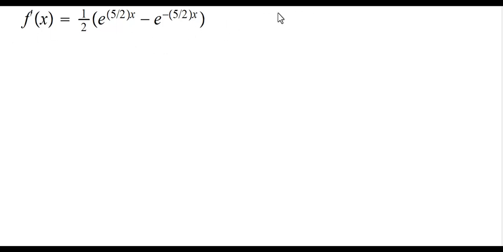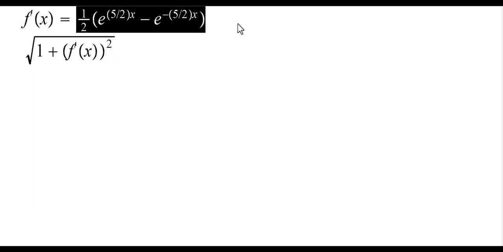Now what we have to do next is calculate the quantity 1 plus f prime x squared. Remember, that's what we have to integrate here. And all that we are going to do here is not really much calculus, more algebra. We are going to see how this quantity gets simplified.